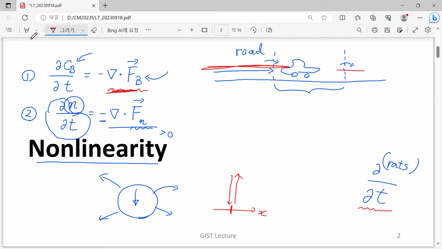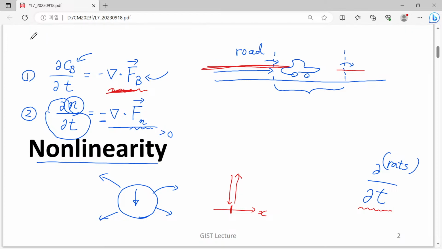However, if that is not available, and instead the local change of status is important, then we have to consider other ones.